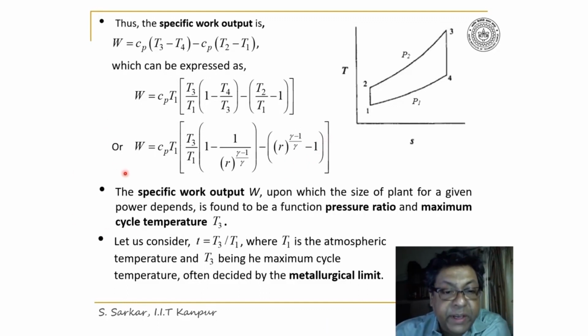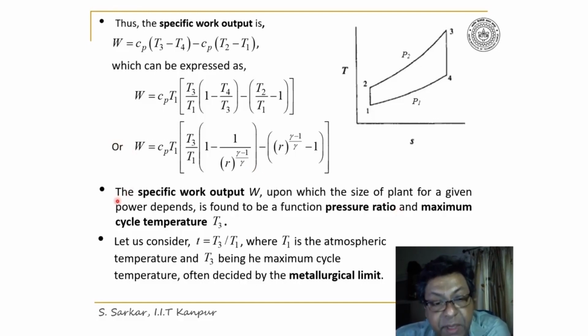Thus W can be expressed as Cp into T1 within the bracket T3 by T1, again within the bracket 1 minus 1 divided by R to the power gamma minus 1 by gamma, minus within the bracket R to the power gamma minus 1 by gamma minus 1.